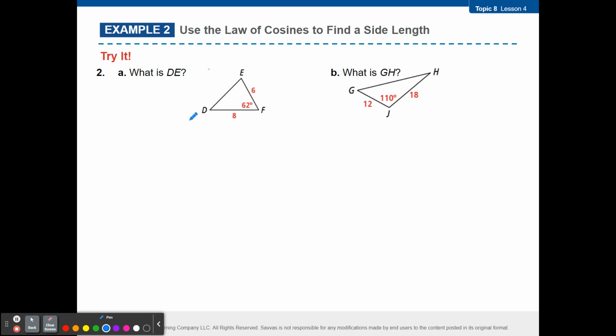So what is DE? And I'm going to again do this without all the rigmarole along the side, right? So I'm looking for DE, so that is what I'm finding.